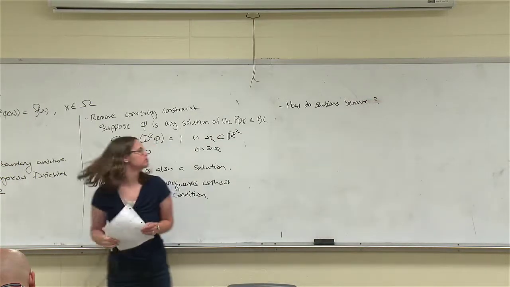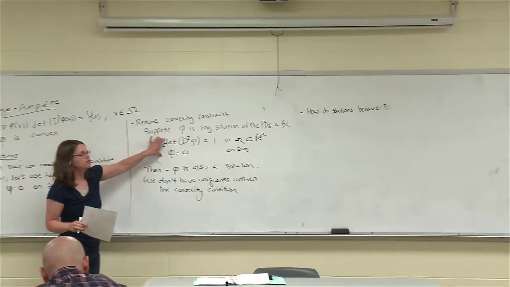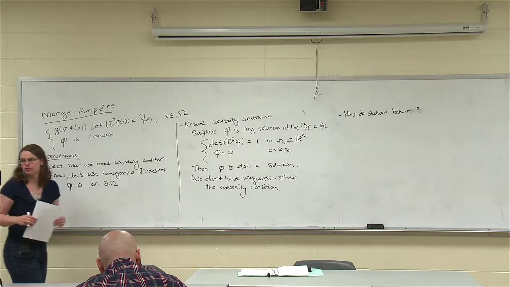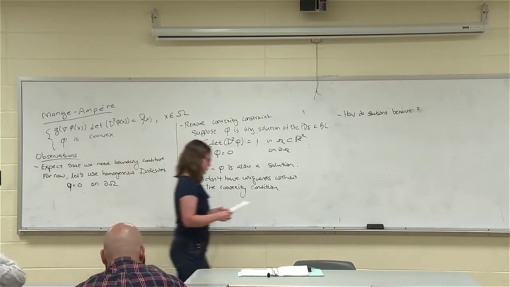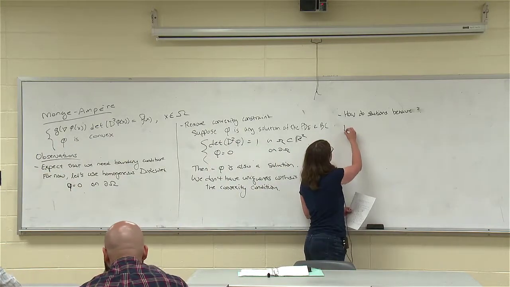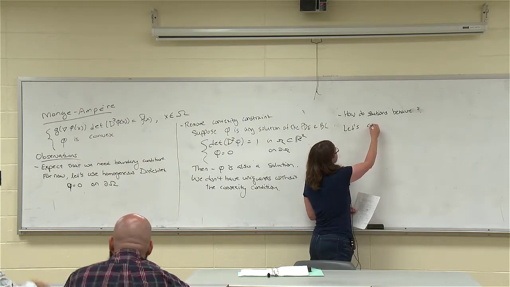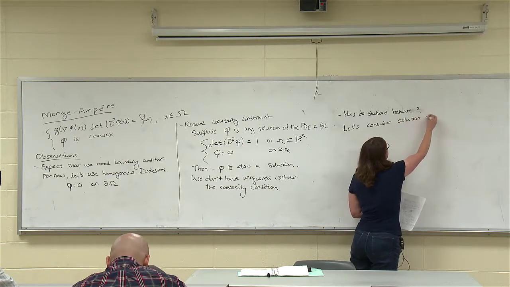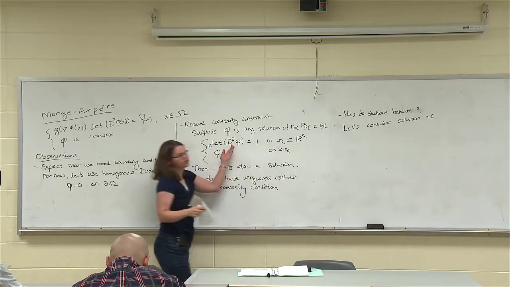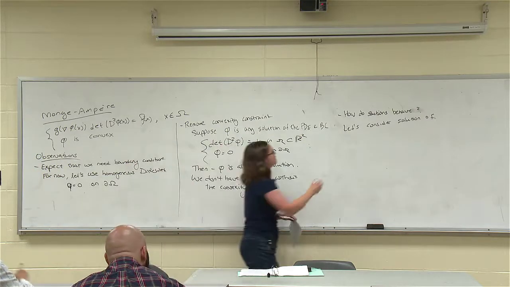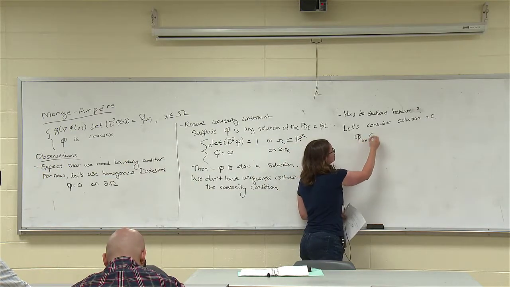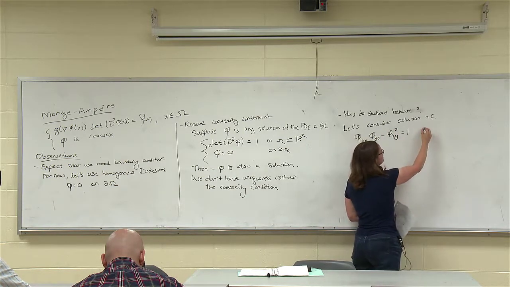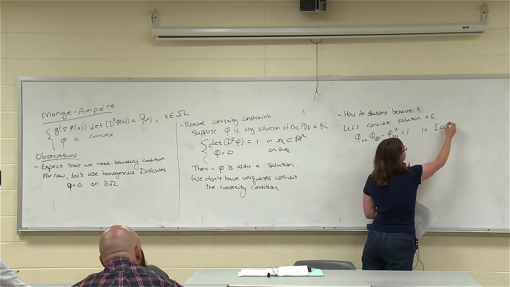Okay, so let's look at this example again. 2 dimensions, and I'll just let my boundary be a square because a square is easy to work with. Okay, so let's consider a solution of, okay, the determinant of the Hessian in 2D, I'm going to write out what it is. So phi xx, phi yy, minus phi xy squared is equal to 1 in, say, a square.